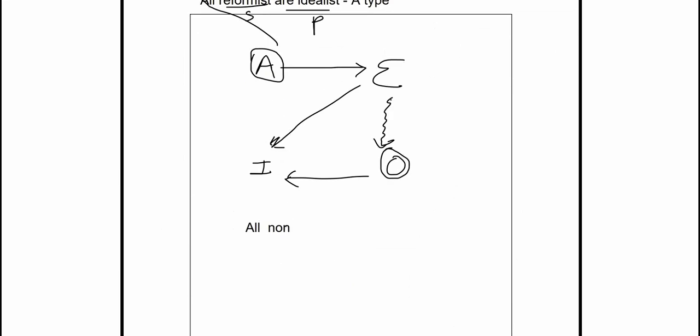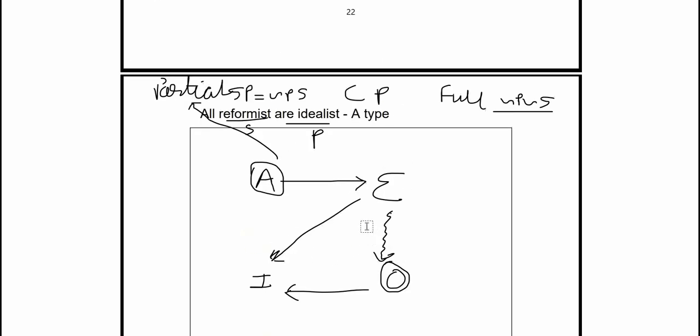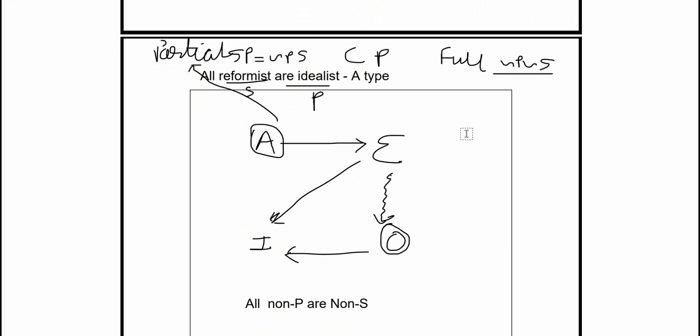So we write all non-P are non-S. This is the full contrapositive, and easily we can get 3 marks for this.